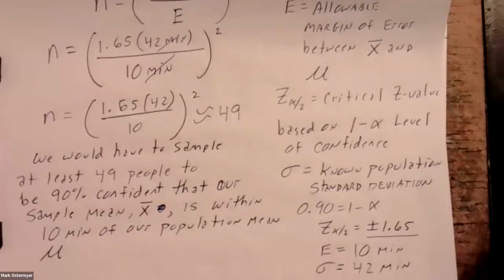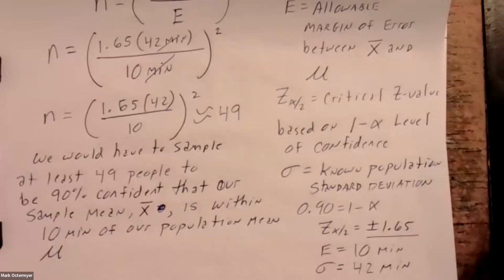This is a classic sample size problem here, okay? Now, we know what size sample we should choose from our parent population to ensure that our sample mean is within 10 minutes of our actual unknown population mean.